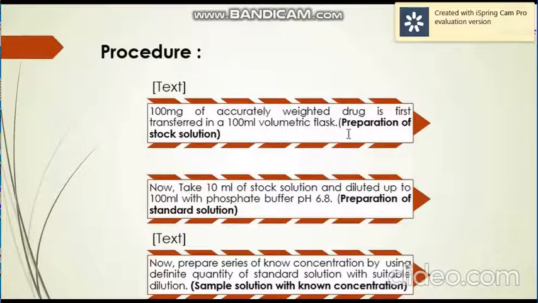Once the preparation of standard solution is done, we will move forward to the next and final step, that is preparation of a series of known concentration of sample. Why is it known concentration? Because we already know from the stock solution as well as standard solution the concentration of the solution.